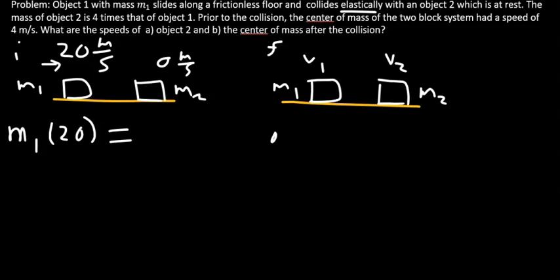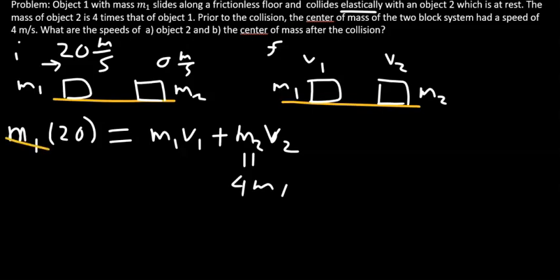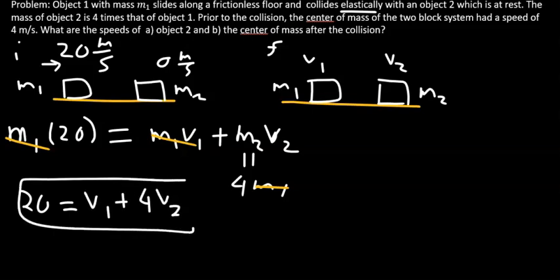This equals the momentum after the collision, m1 times v1 plus m2 times v2. We know that m2 is 4 times m1, so after the m1 cancels we have an equation that says 20 equals v1 plus 4 v2. So let's box this equation.